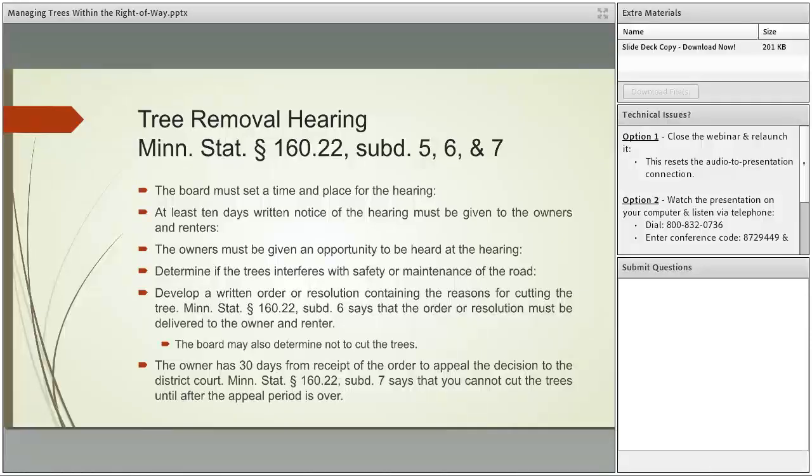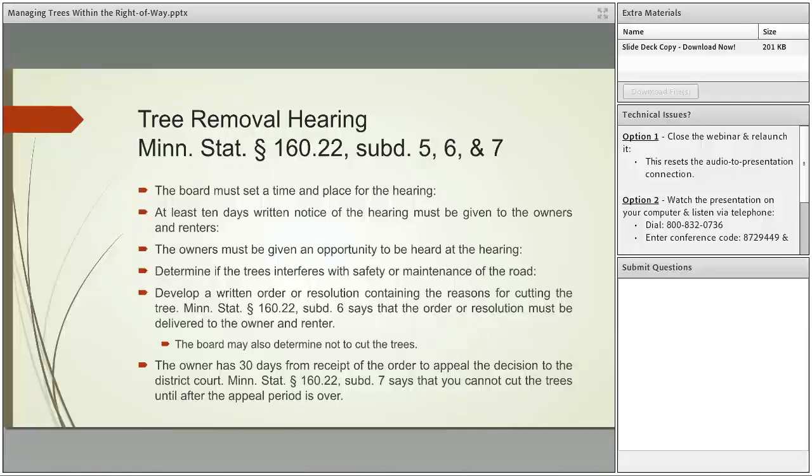But here, only the affected landowners and residents need to be heard. But it's a good idea, just again, good practice. If someone wants to be heard, let them be heard. There's not really a reason to restrict someone from being heard here.